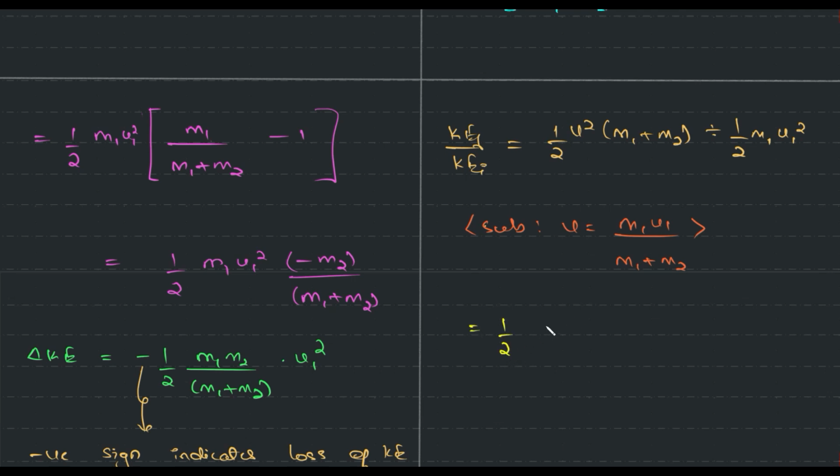Half of m1 square u1 square divided by m1 plus m2 square, into 2 by m1 u1 square. So yeah, there are a few things that we can get to cancel. And 2 and 2. So this is m1 by m1 plus m2. Okay, that's a weird result.